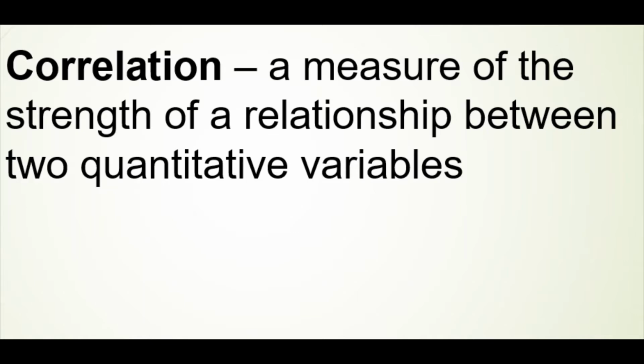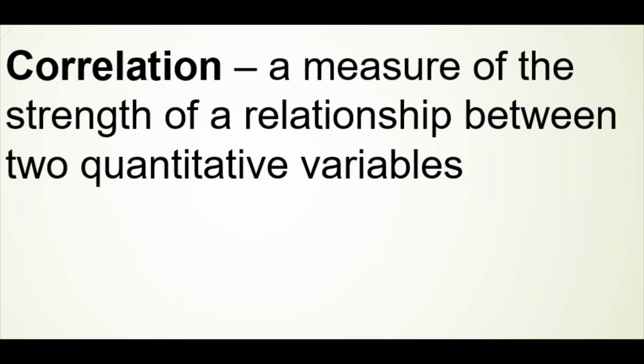So we use the scatter plot to look for a correlation between the variables. Correlation is a measure of the strength of a relationship between two quantitative variables. So again, we're looking at two quantitative variables, and we want to see, as one variable increases, does the other variable also tend to increase?